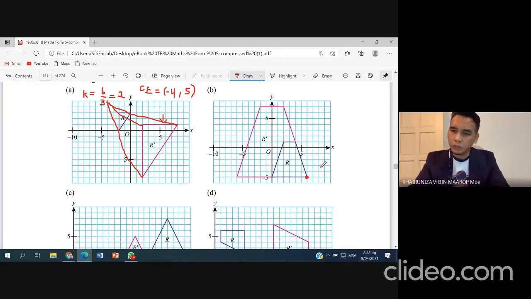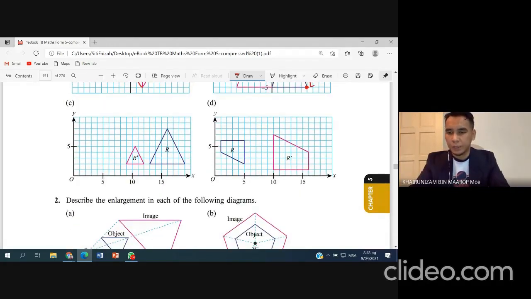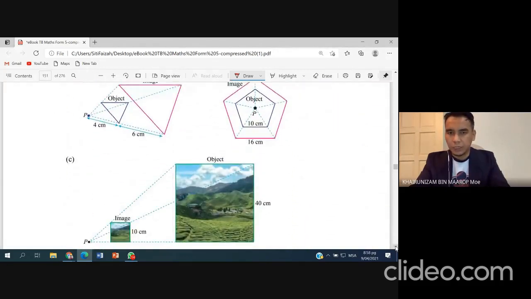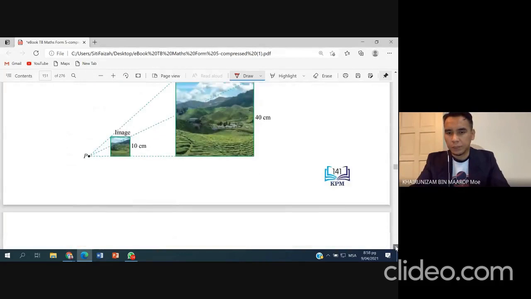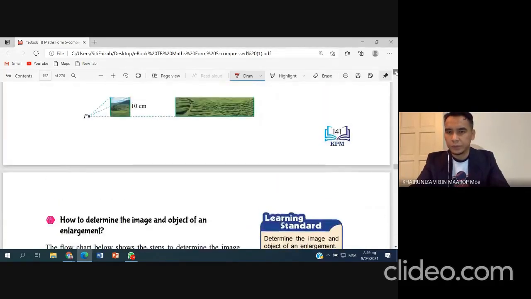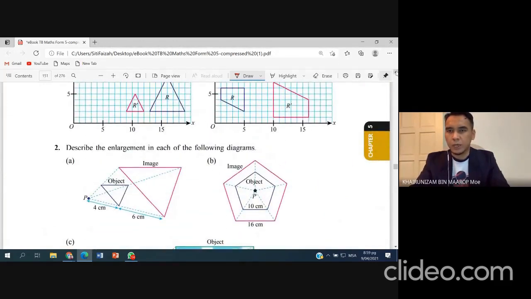So this is the center of enlargement. Okay, you can try all this. Yang ini pun sama, sama je cara dia. So kamu boleh cuba as your exercise.